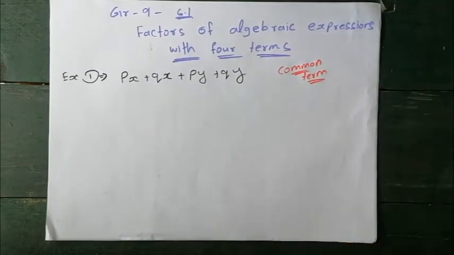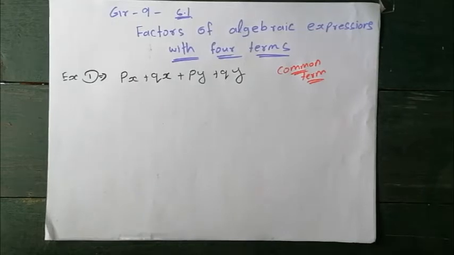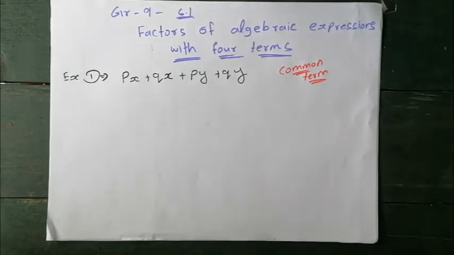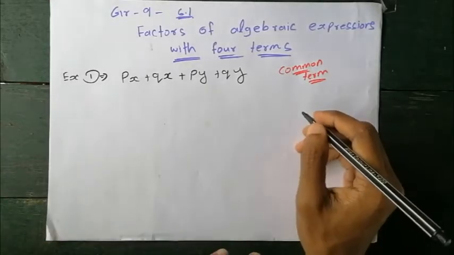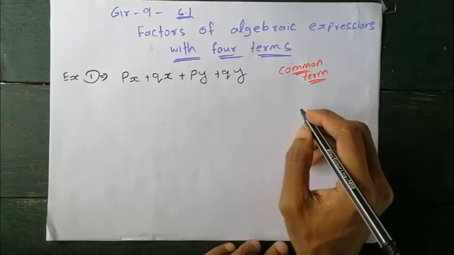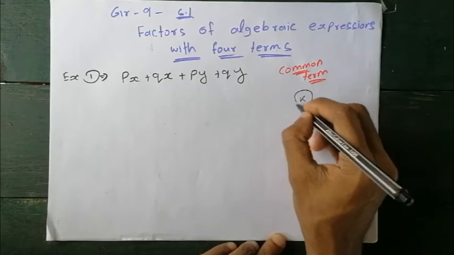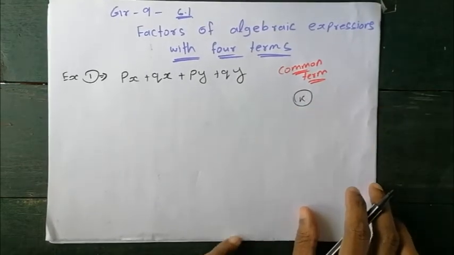But in the previous section, the given 3 terms of the algebraic expressions had common terms. If you check one of the questions from the review exercise, we'll take k, because I made a mistake when I sent the answers of k, so I corrected k.